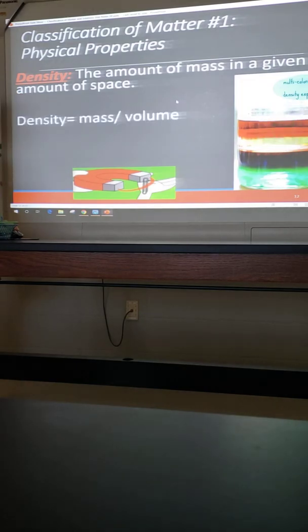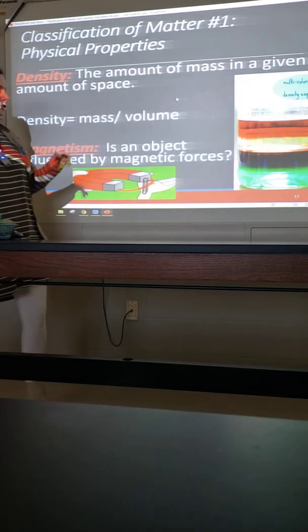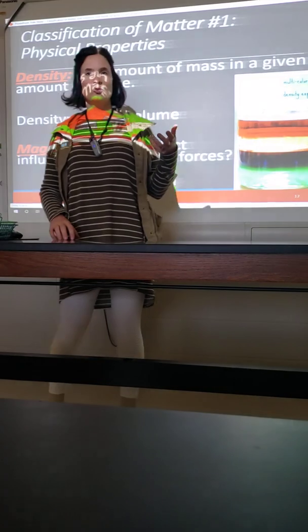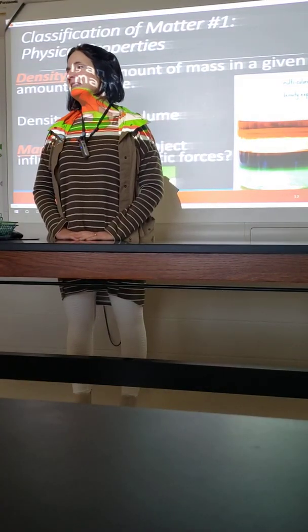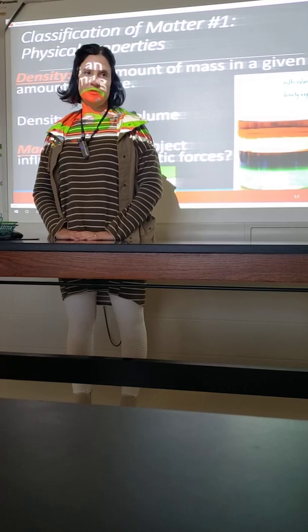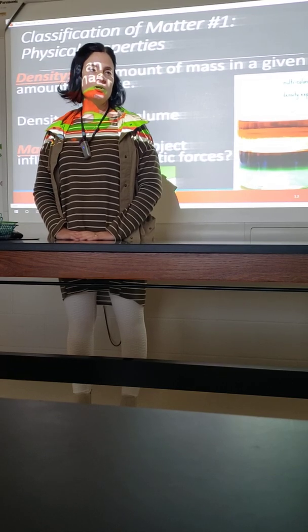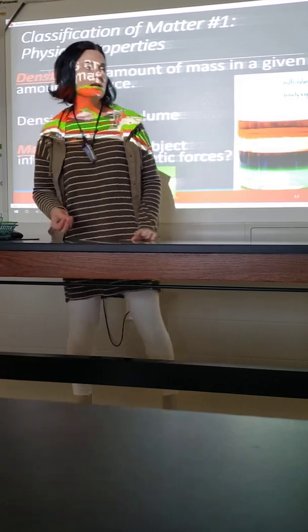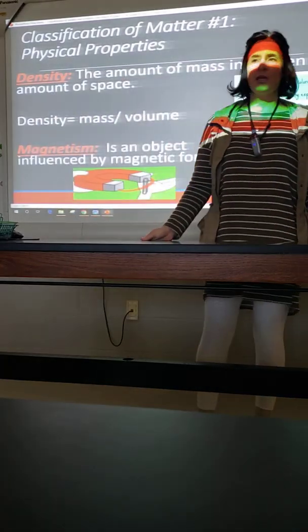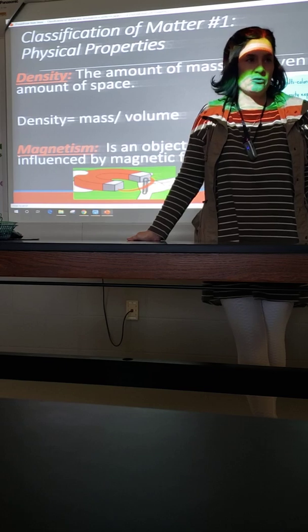So we had left off with some of these that are topics we've already had, density, magnetism. Any type of physical property that you're using is dealing with something that does not change the object that you're dealing with, right? So when you're talking about a physical property or a physical change that something could undergo, you're not changing what you're dealing with.